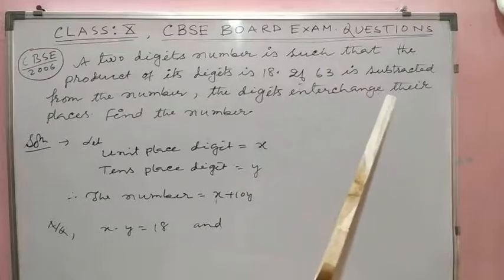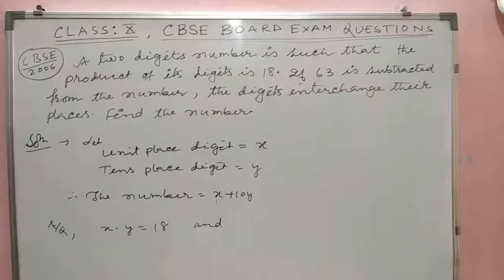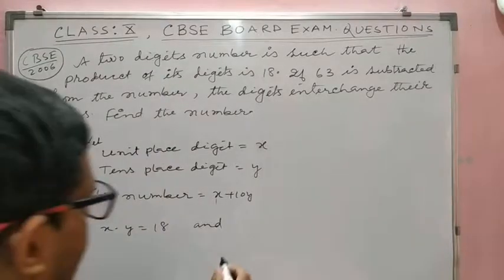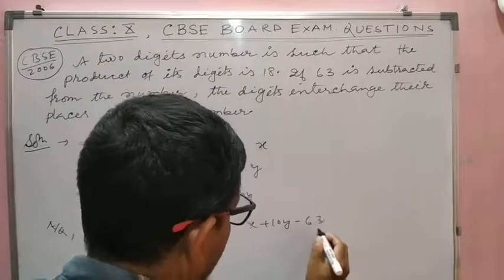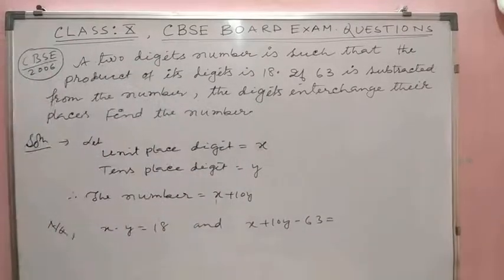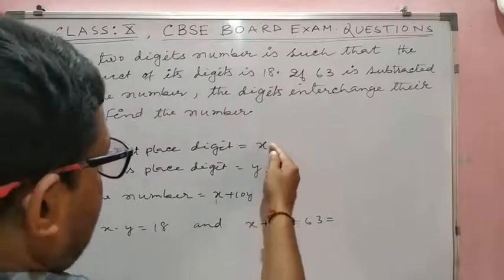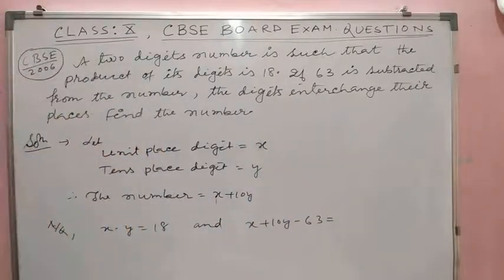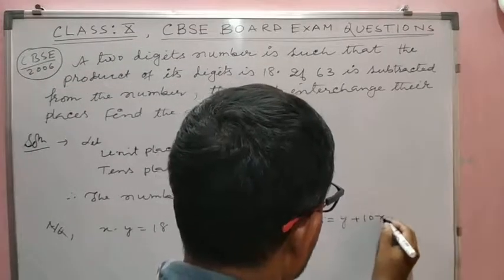The digits interchange their places. So second condition is, if from this number 63 is subtracted, then what we get? The digits will interchange their places. That is, unit place will become tens place and tens place will become unit place. So it will be y plus 10x.